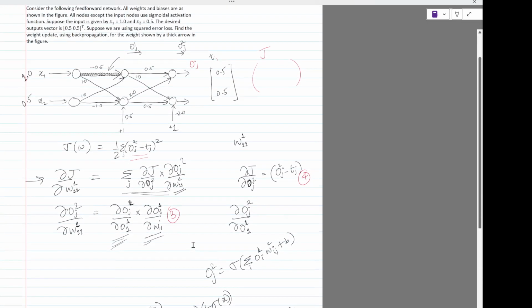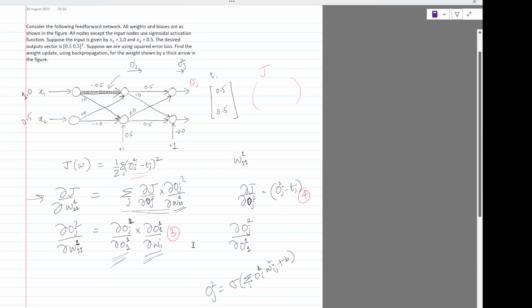In practice, the way these are programmed in popular deep learning frameworks like PyTorch or TensorFlow, there are many others also, but these are the most popular frameworks used to code deep neural networks.